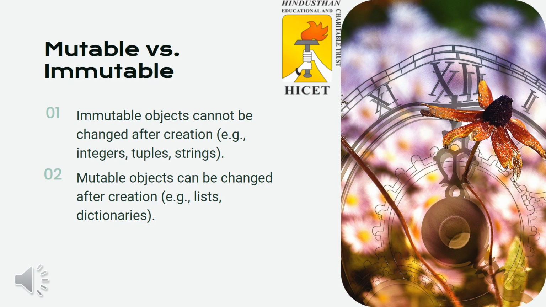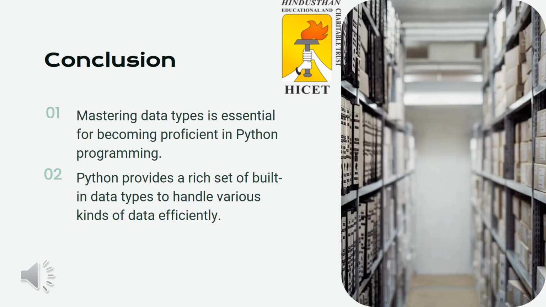And immutable objects are objects which cannot be changed after creation. So once created, it is static. The memory location is static. If you want to change the value, we have to save it in another memory location. We can't use the same memory location to update the values. So data types like integer, tuples and strings are immutable. List and dictionary come under mutable data types.